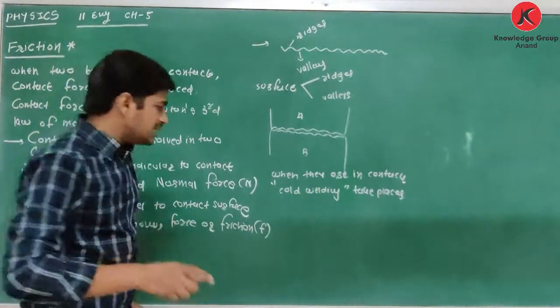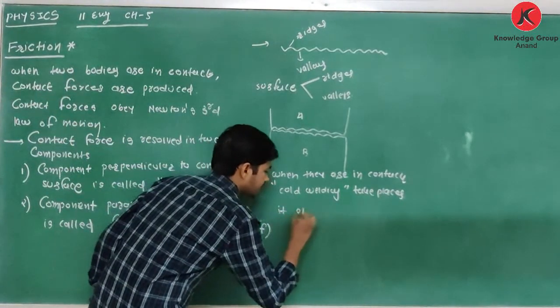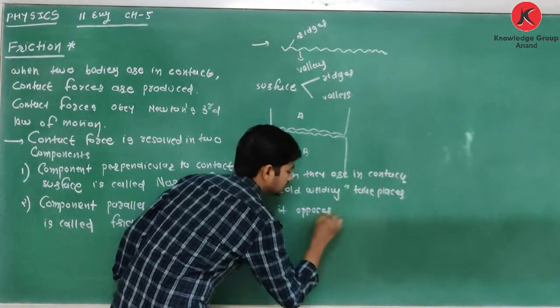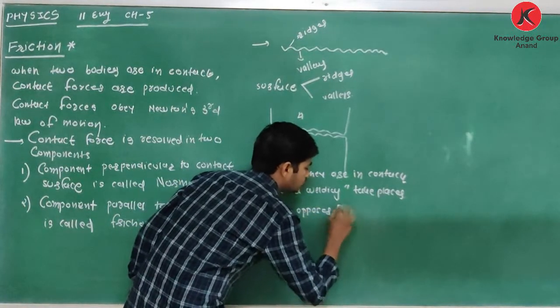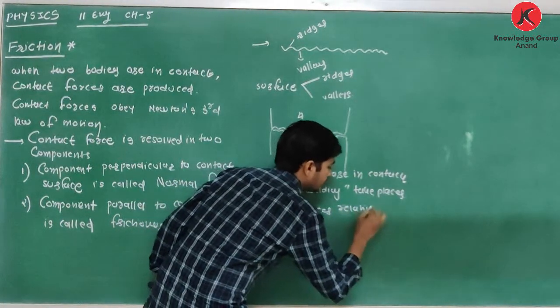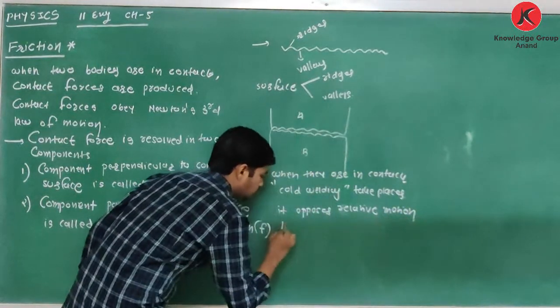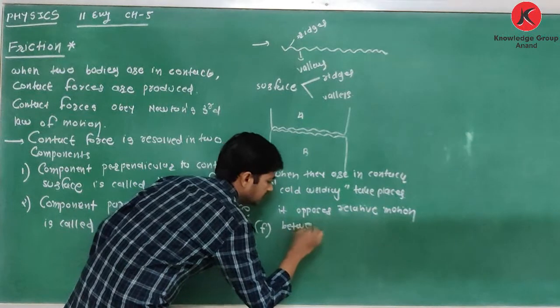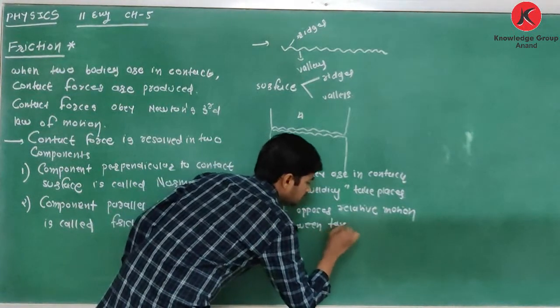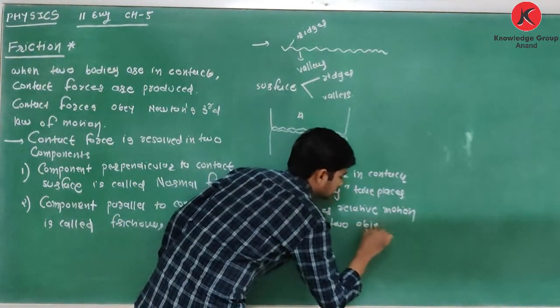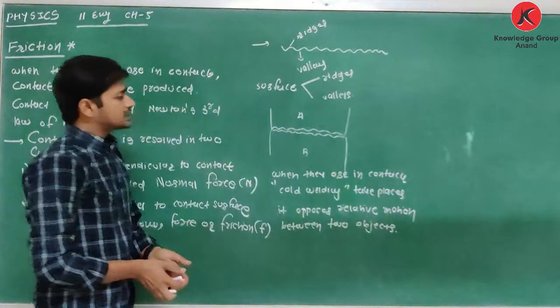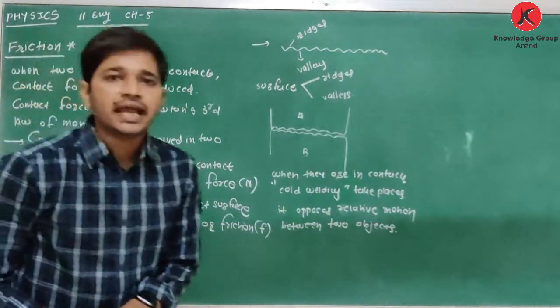Clear about this? And it opposes relative motion between the two objects. It opposes relative motion between two objects. So this is how friction acts.